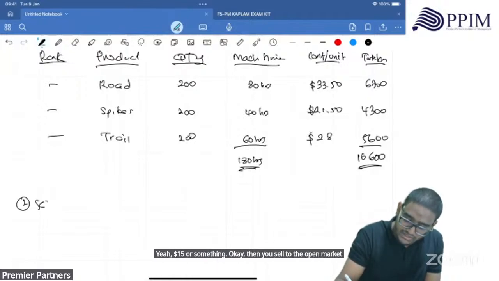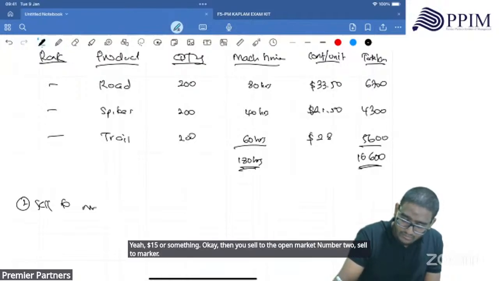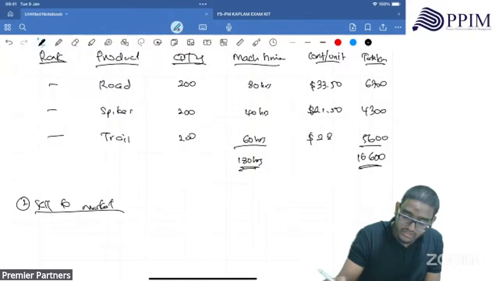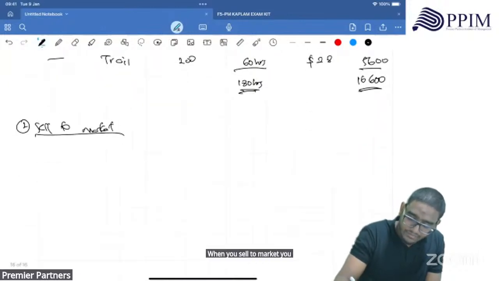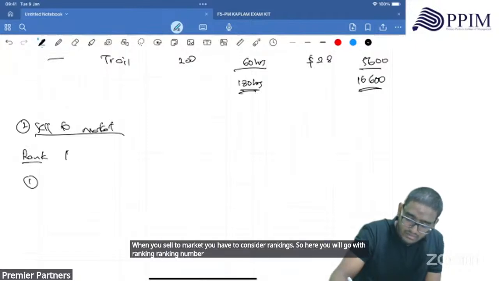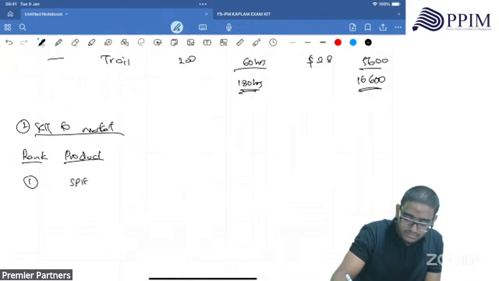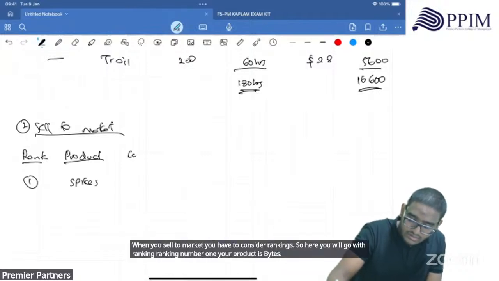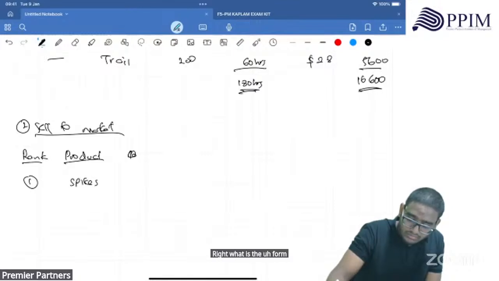Then you sell to the open market. Number two, sell to market. Now, when you sell to market, you have to consider rankings. Ranking number one, your product is spikes. What is the quantity?